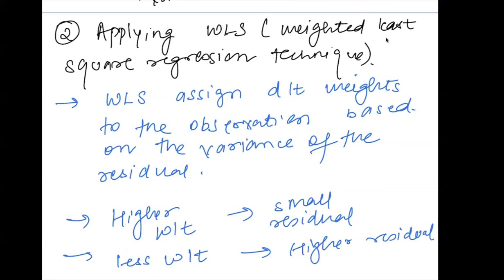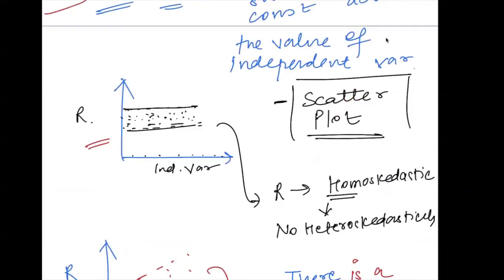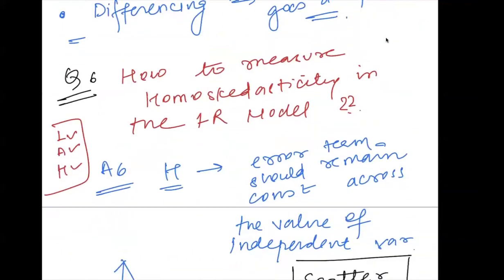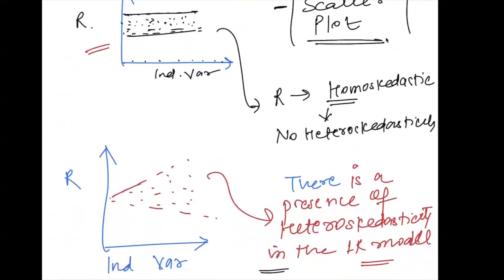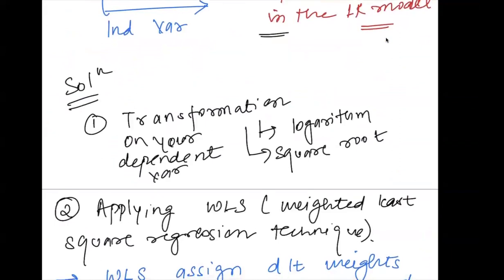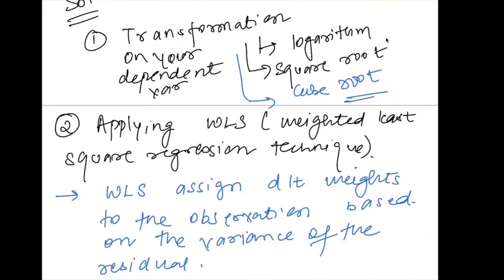So this is how you can understand if there's a presence of heteroscedasticity in the model by plotting a scatter plot. And if you see there is, then you can transform your dependent variable by taking a logarithm, square root transformation, or cube root transformation. There are different kinds of transformation techniques. Or you can apply a weighted least square regression model.